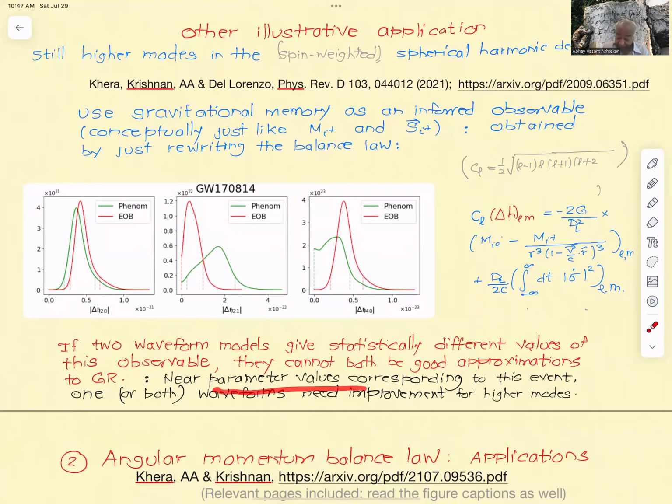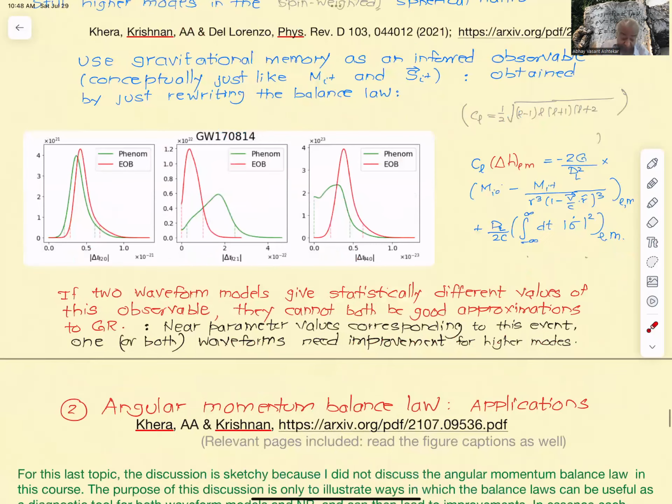Near the parameter values corresponding to this particular event that we have, one or both waveform models need improvement in the higher modes. This is the way in which balance laws inform the waveform community where something is not right and needs to be improved.